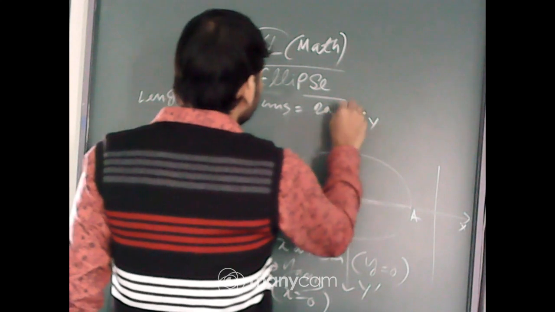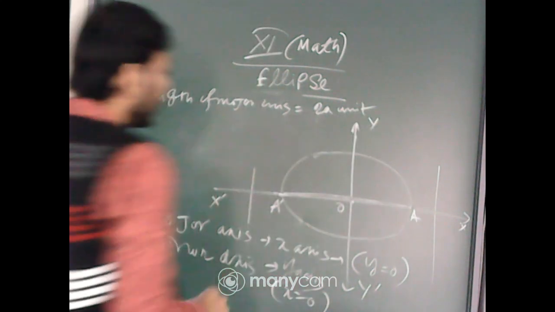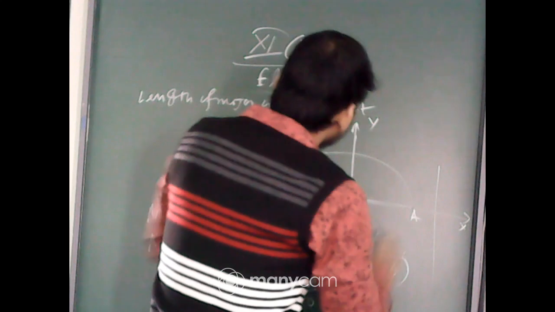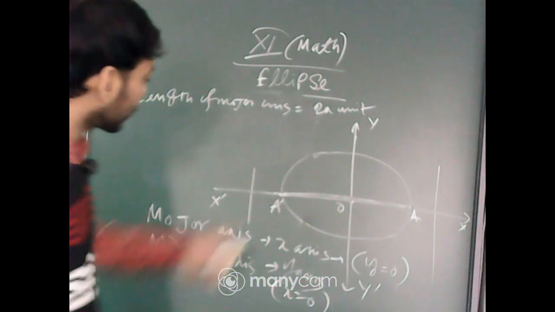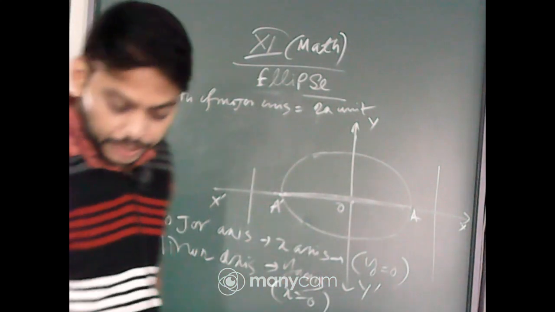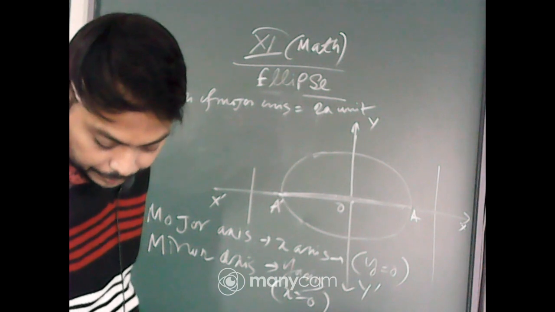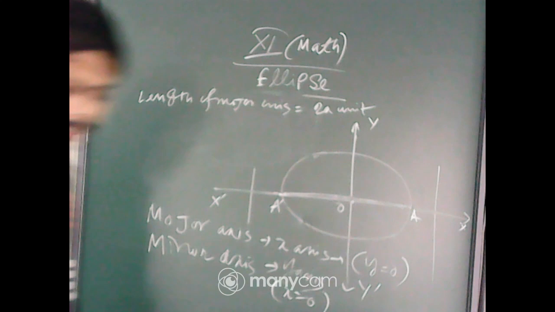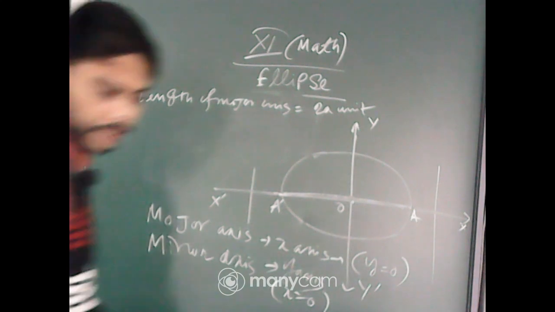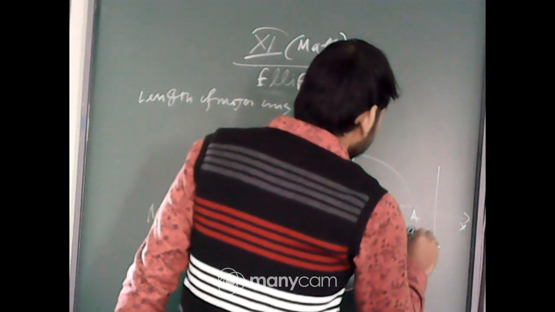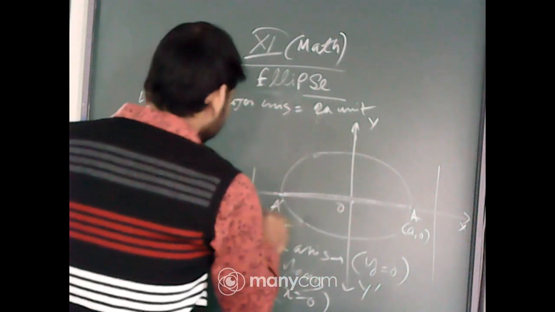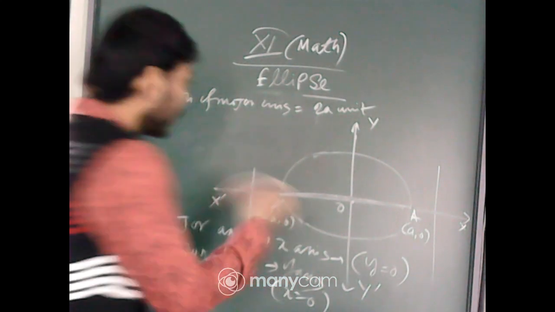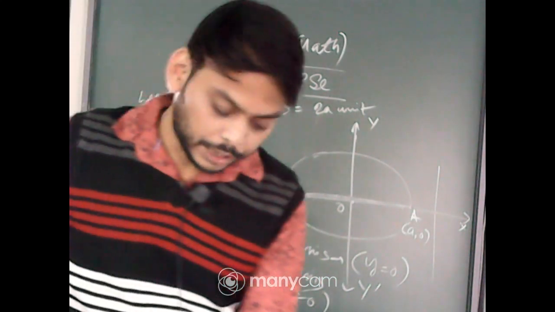This will be 2a unit. Here OA equals to a. That's why A A dash is 2a unit. Here actually A and A dash, these are the vertices. This is a comma 0 coordinate. This is minus a comma 0. I am telling you later. Just move on one by one.